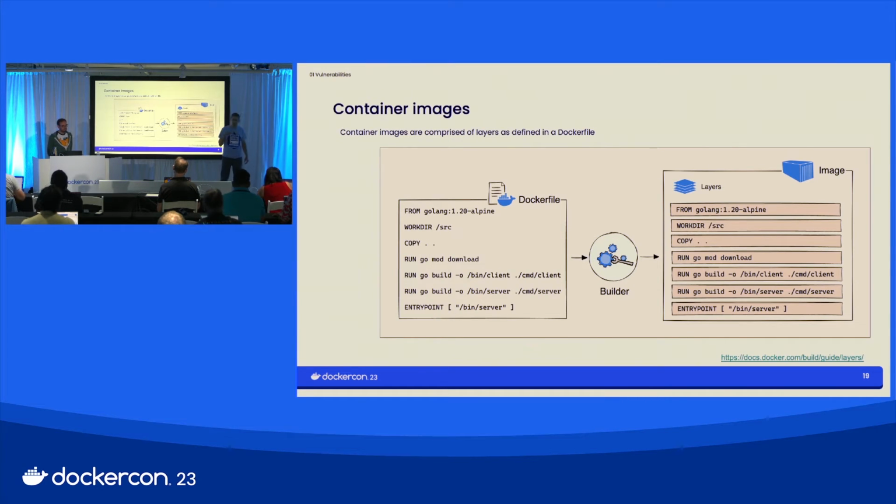So that's CVEs. The next thing that we want to make sure everybody has a baseline understanding of is container images. Hopefully if you're in this room, or online, you probably know a thing or two about container images, but just in case, we want to remind everybody that these images are comprised of layers, and each of these layers maps to an instruction in a Dockerfile.